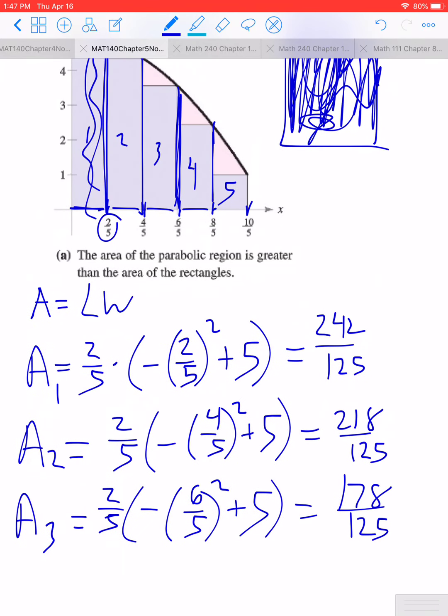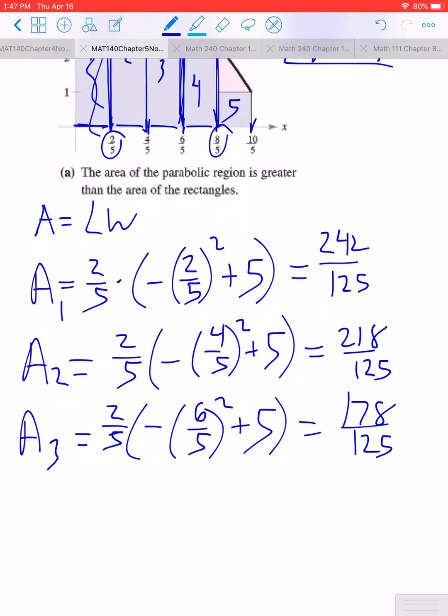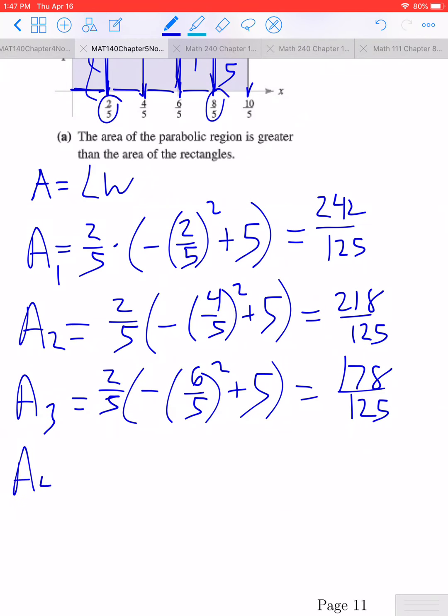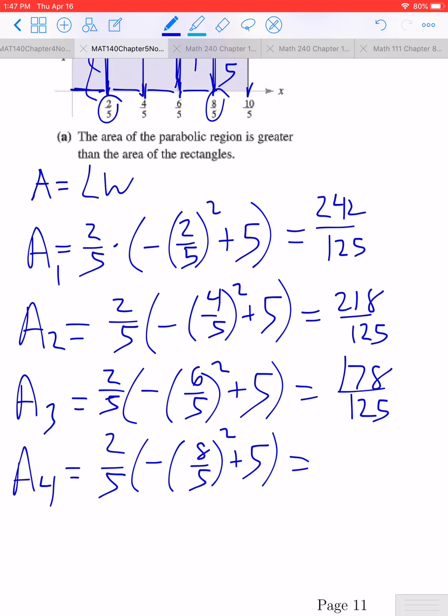The fourth rectangle's width is given by the value of the function at 8/5. This is 2/5 times negative 8/5 squared plus 5. That's 122 over 125.